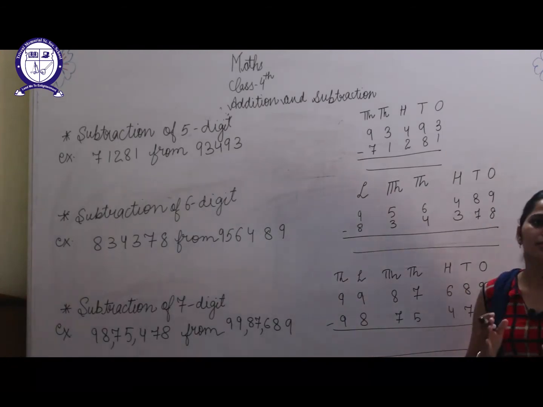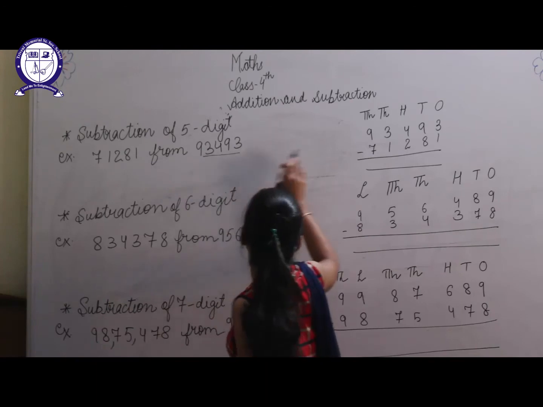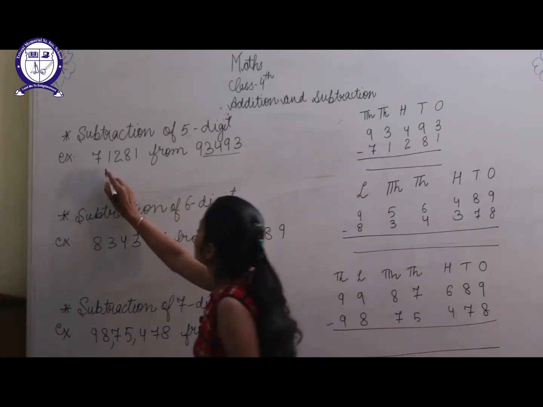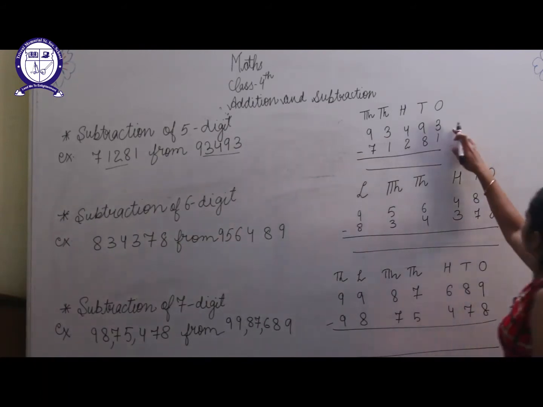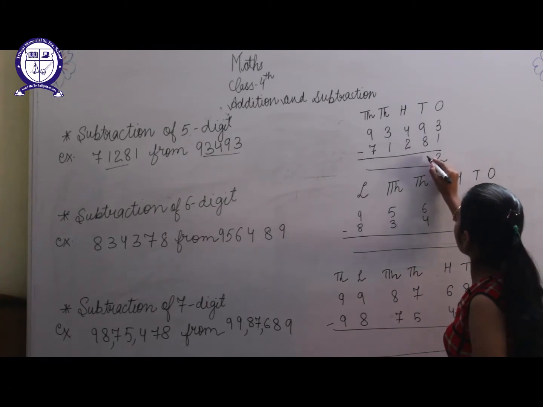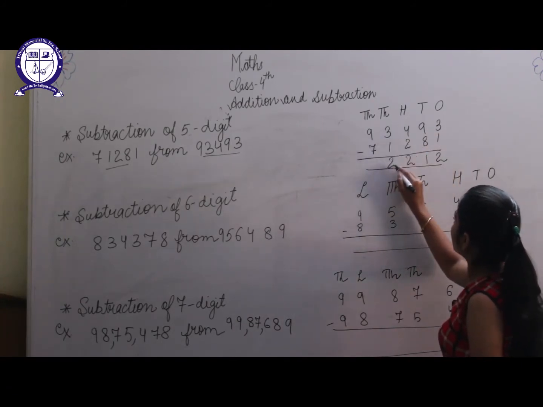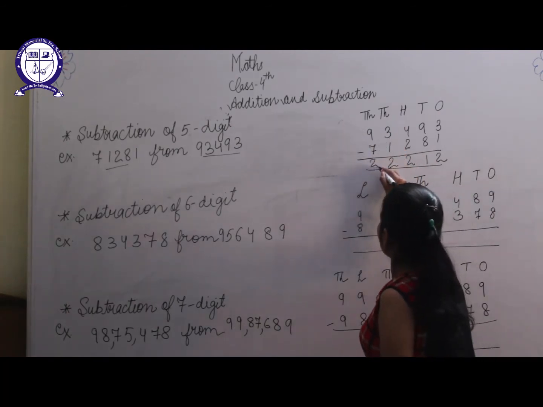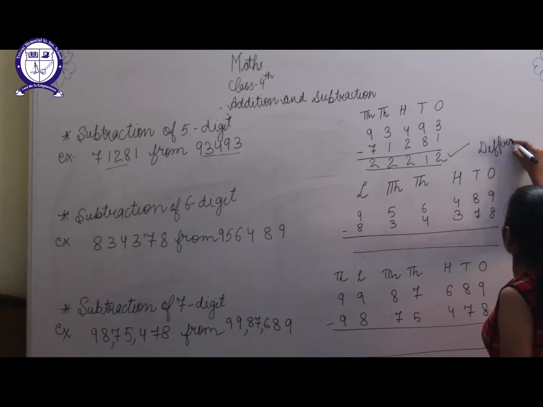When from is written, students, you will write the number which is written after from above, and the number which is written before from you will write under that number. So 3 minus 1 gives us 2, 9 minus 8 is 1, 4 minus 2 is 2, 3 minus 1 is 2, 9 minus 7 is 2. So this is our difference, students.